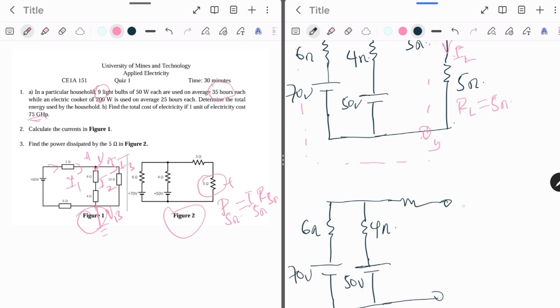But now I've removed the 5 ohms, which is the load. Once we've removed it, at this place here we indicate positive and negative.